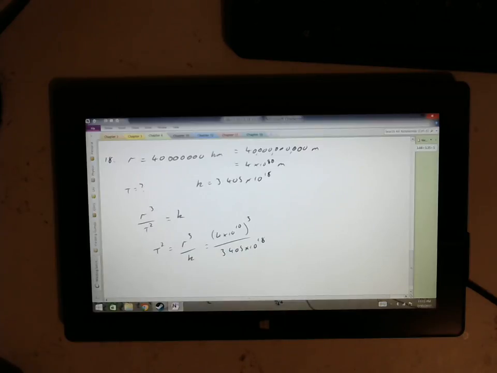4 times 10 to the power of 10, and we want to cube that.